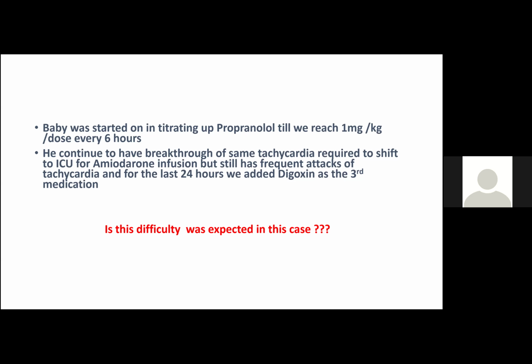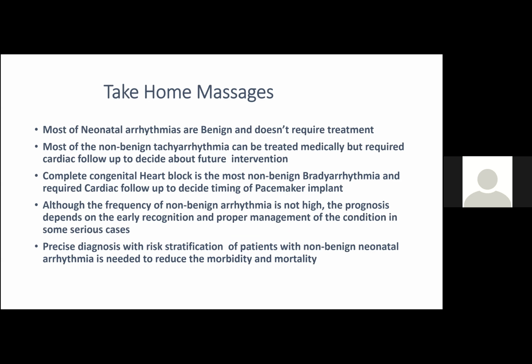Usually this type of arrhythmia is not easy to treat, and you have a limitation of medication. Flecainide is not a good option unless you are forced to use it. Hopefully it will work with him and get him out of the ICU soon.